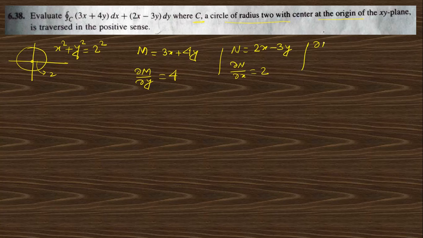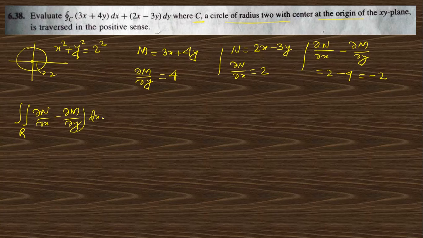So we can say del N del x minus del M del y is nothing but 2 minus 4, that is minus 2. So you can apply the theorem, that is the integral of del N del x minus del M del y, into dx dy, right?